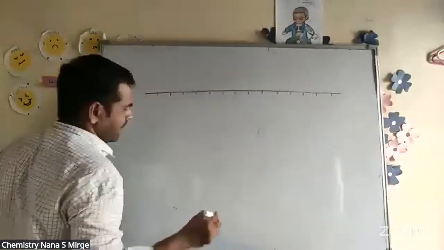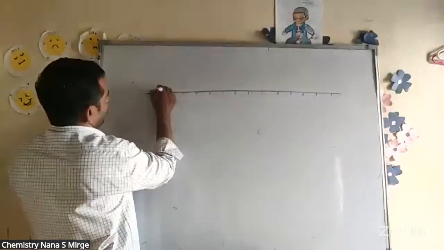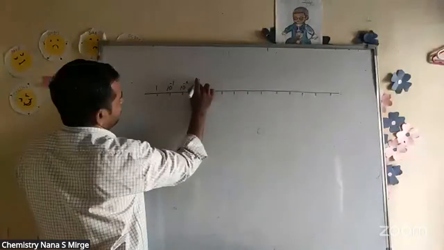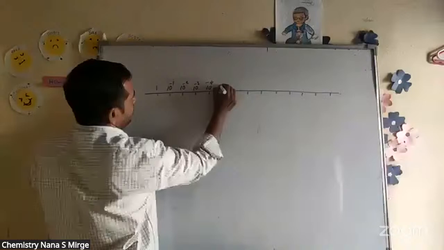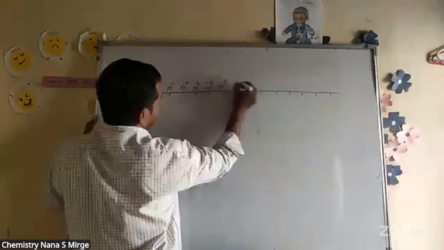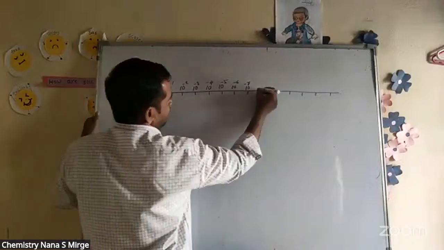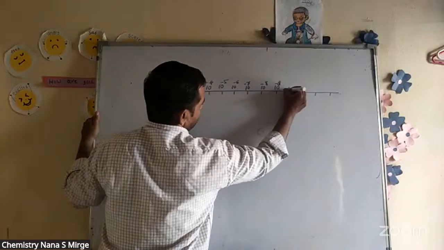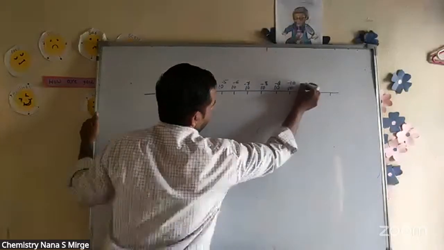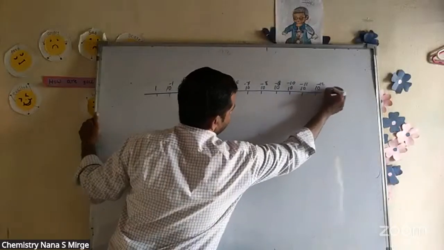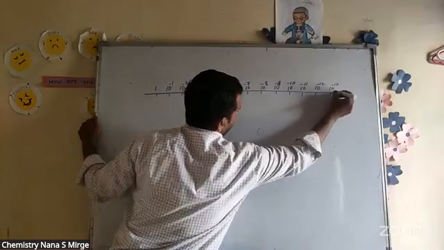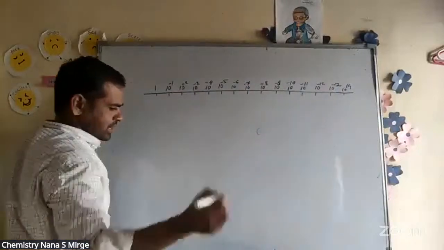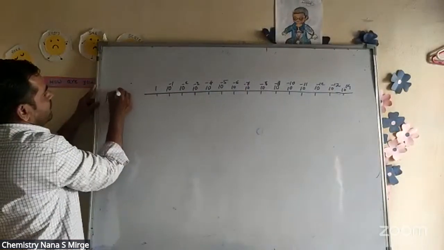Okay, so it is 0, it is 1, 10 raised to power minus 1, 10 raised to power minus 2, minus 3, minus 4, minus 5, minus 6, minus 7, minus 8, minus 9, minus 10, minus 11, minus 12, minus 13, and 10 raised to power minus 14. Okay, so this is called H plus ion concentration.